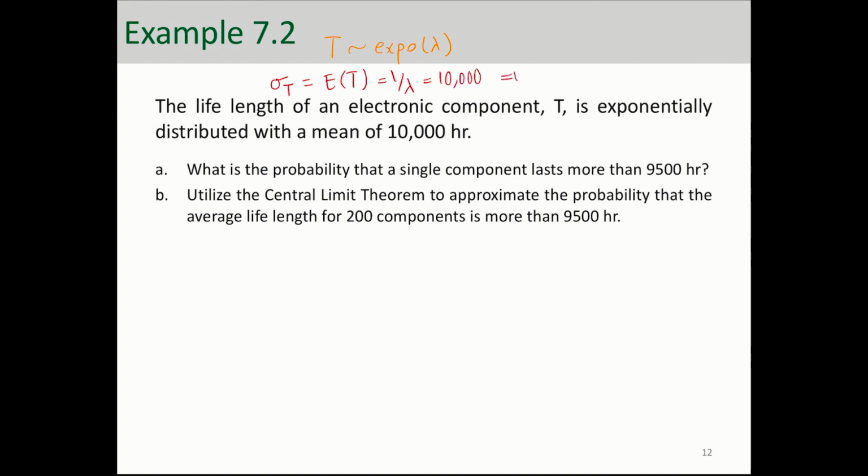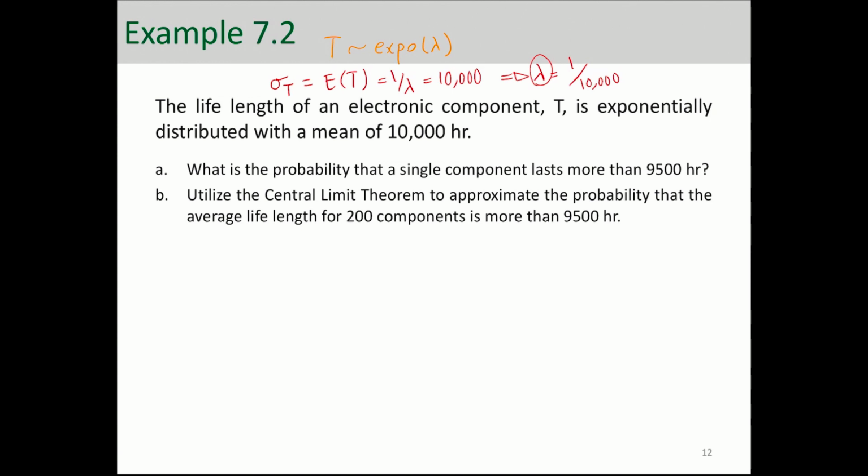That means lambda is equal to 1 over 10,000. What is lambda? That is the rate, if you remember from the Poisson process when we talked about the exponential random variable. Lambda is the rate.